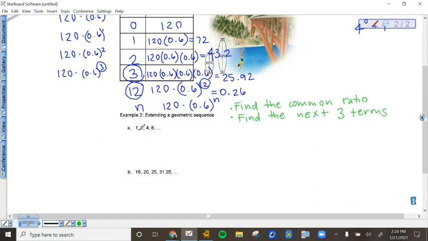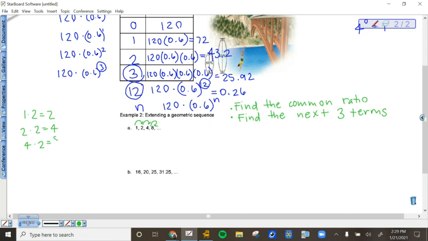To find our common ratio, we need to look at how we move from term to term. What do we need to multiply 1 by to get to 2? Yeah, 1 times 2 is 2. What about the next part? 2 times what equals 4? How about 4 to 8? 4 times what equals 8?